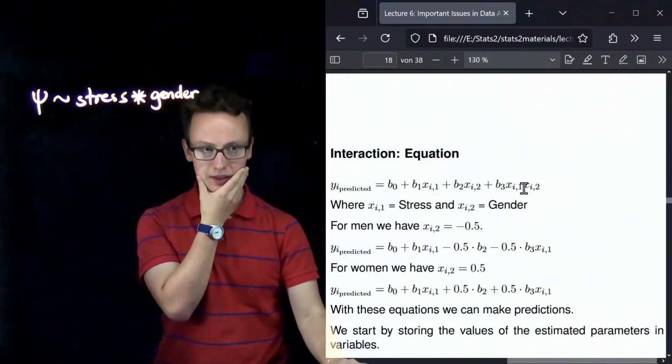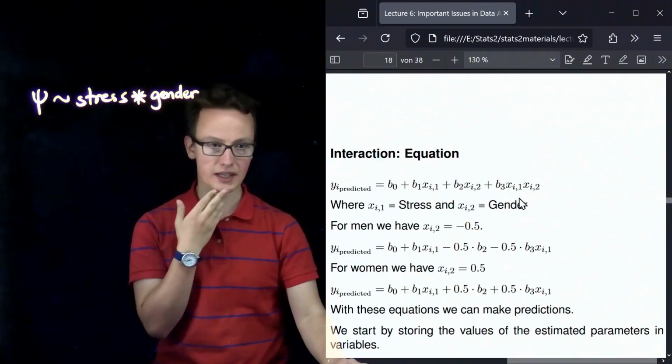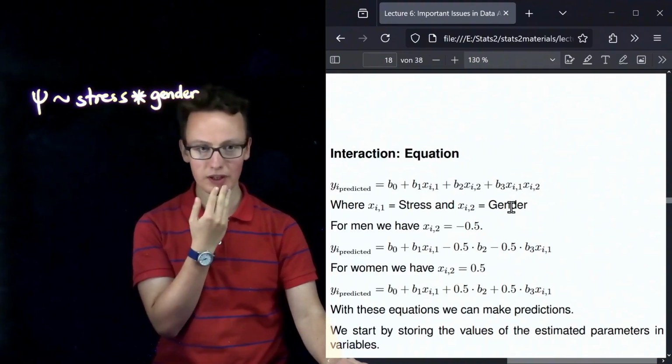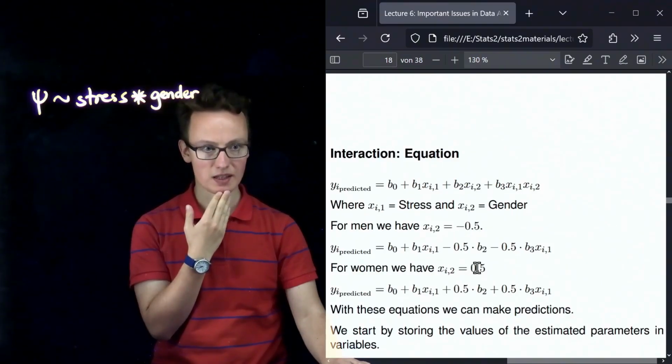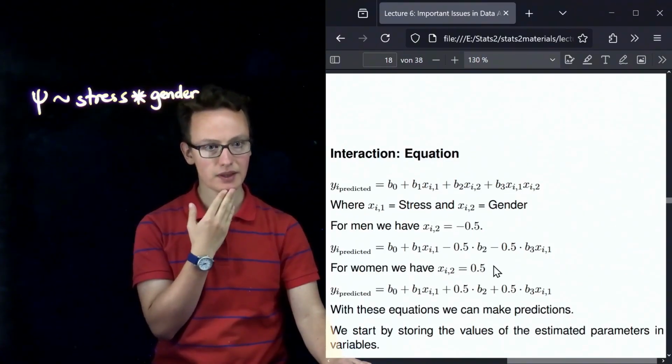So recall that we had used scaled sum coding on our categorical predictor gender. So men were coded as minus 0.5 and women as positive 0.5.